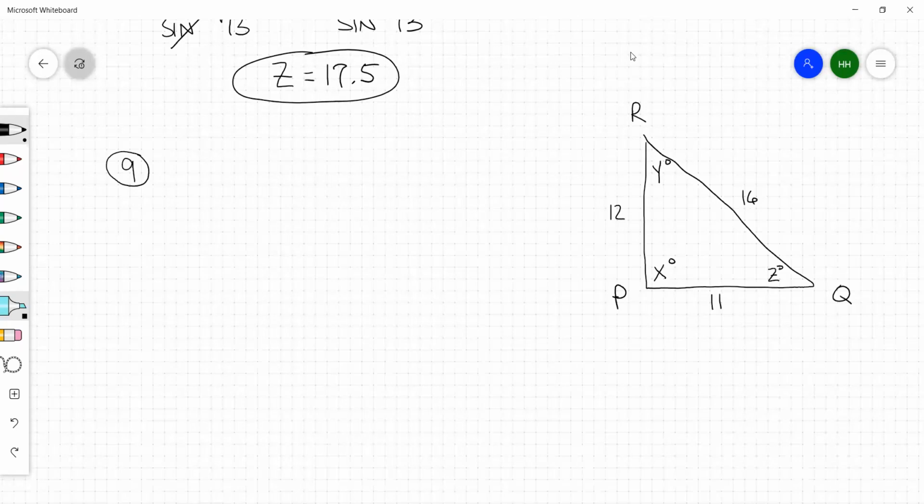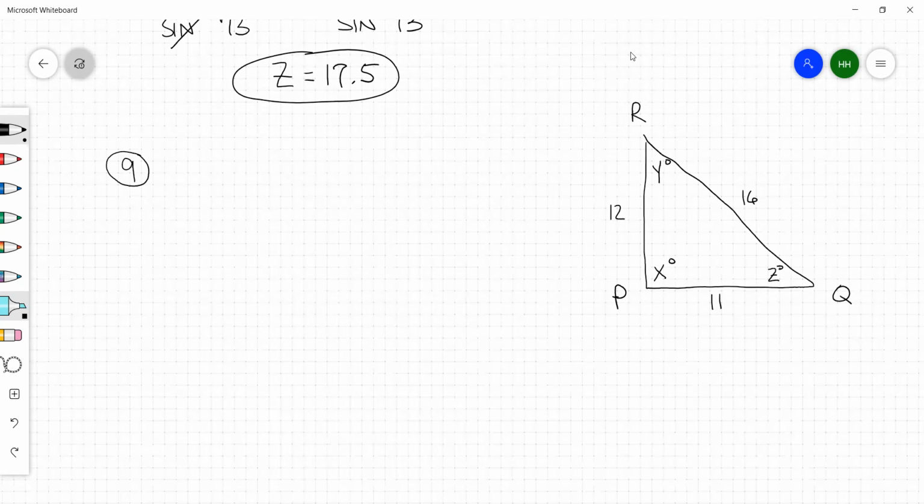So we got no angles, right? No angles. With no angles, you can't use law of sines. All right? But if you got 3 sides, you could use law of cosines, and at the end, use inverse cosine to find an angle measure.